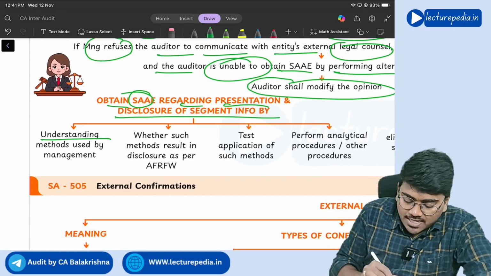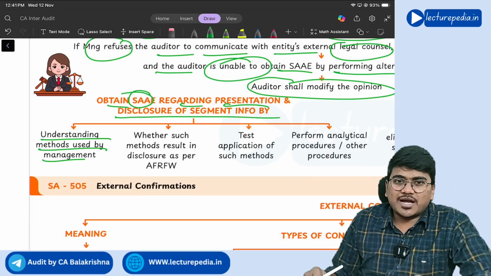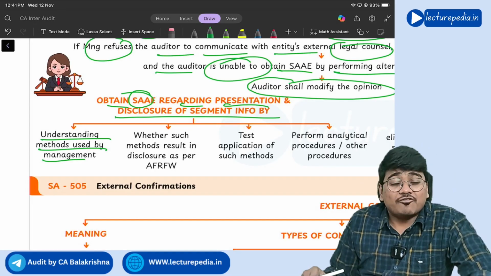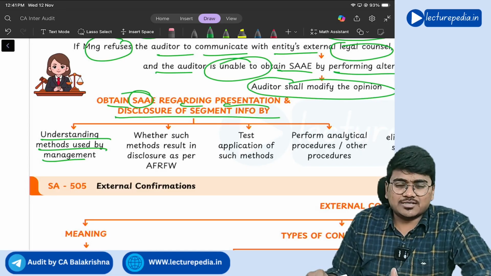See, understanding the methods used by the management. So what methods management is using for preparing this segment information, you will understand those methods.